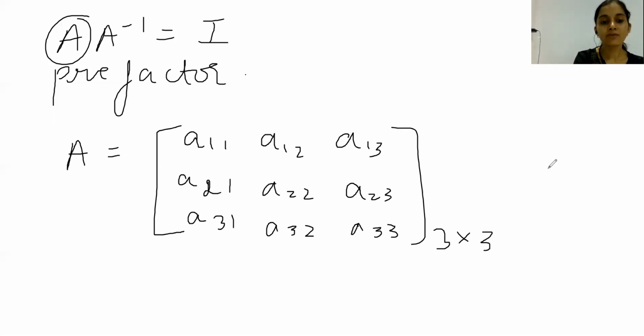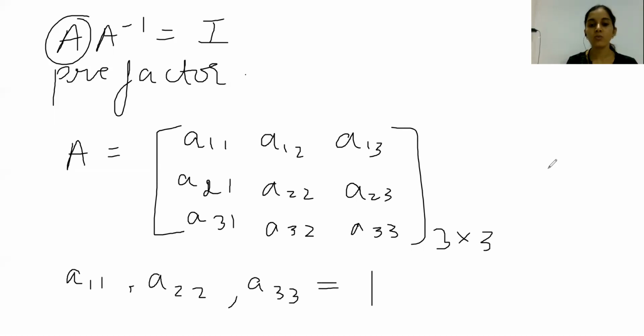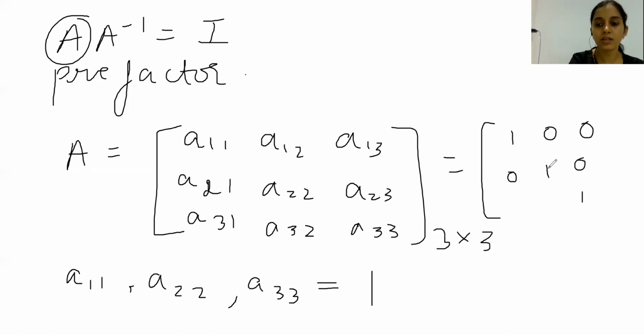Now, when I have to convert this into an identity matrix, what does it mean? That A11, A22, and A33, all these three should be equal to 1, and all the remaining elements should be 0. That will be an identity matrix. So if I have to convert this into an identity matrix, what are the row transformations that we have to apply?